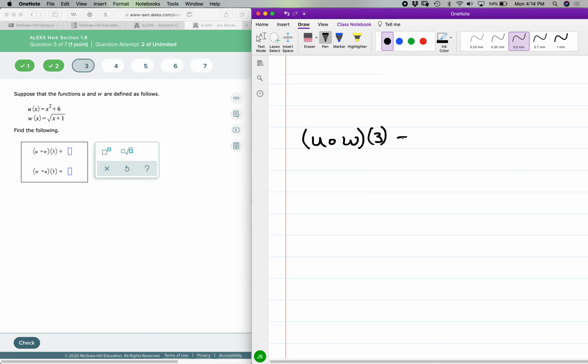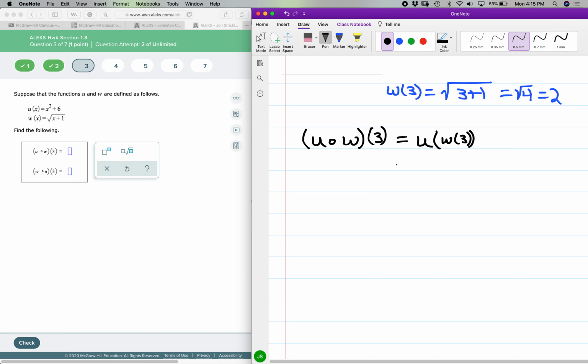So we're looking at taking u of w of 3, and we can go ahead and determine just what w of 3 is going to be. So w of 3 is equal to the square root of 3 plus 1. 3 plus 1 is 4, and the square root of 4 is equal to 2.